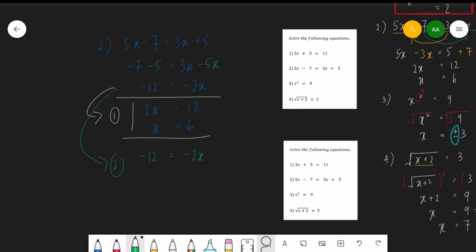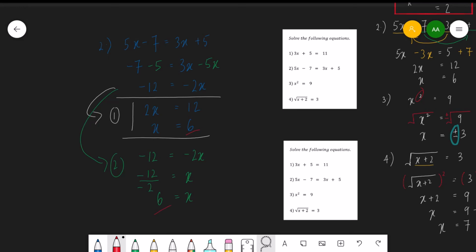From here I need to get the value of x. So x equals negative 12 divided by negative 2. In this example, I'm reading the equation from right to left. So x equals 6. Both methods give me the same answer, 6 and 6 over here.